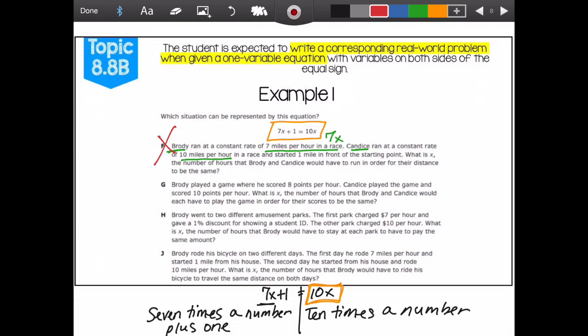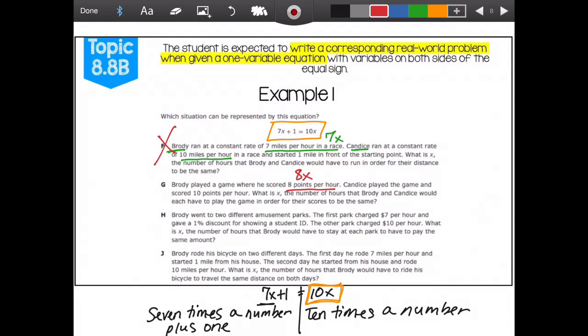Okay, so now let's move to G. Brody played a game where he scored 8 points per hour. All right, let's keep reading just in case. Candace played the game and scored 10 points per hour. So this 8 points per hour, that could have been represented as 8x.